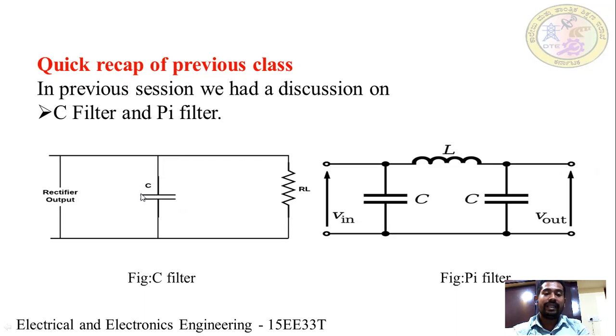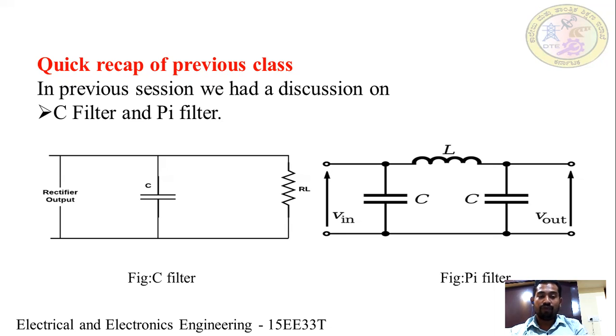The diodes D3 and D4 are under reverse bias condition. Hence, only D1 and D2 supply the load.